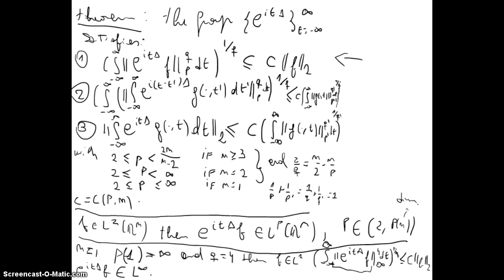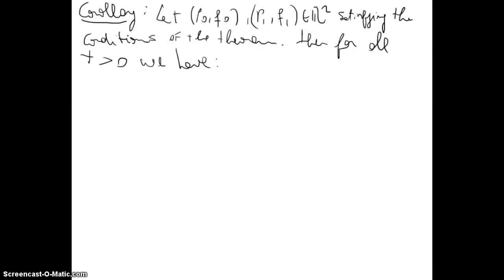Okay, so corollary, let (p_0, q_0), (p_1, q_1) in R2, satisfying the condition of the theorem that we just saw.